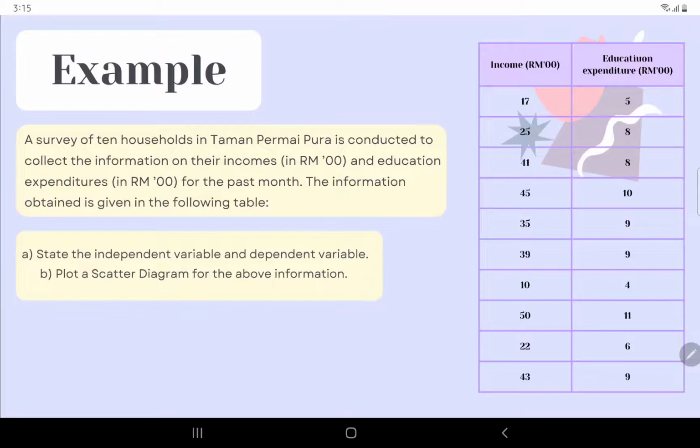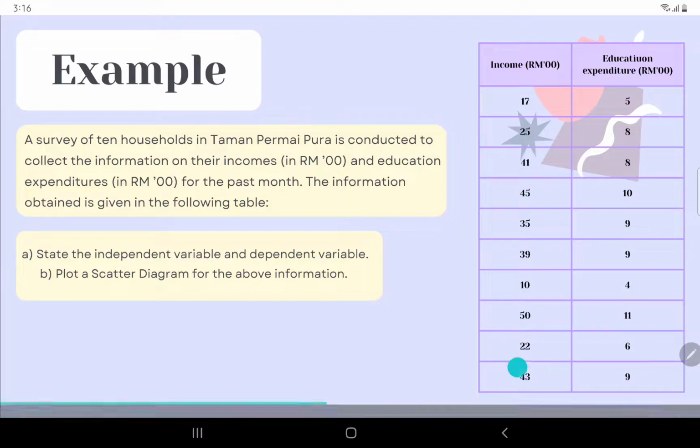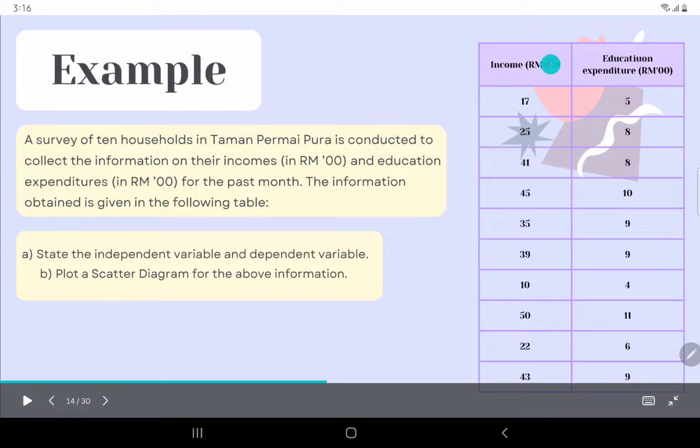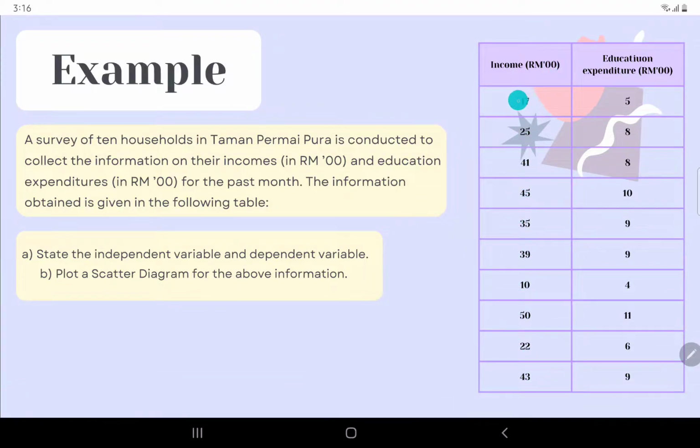Okay, for example, a survey of 10 households in Taman Permai Pura is conducted to collect the information on their incomes and education expenditure for the past month. The information obtained is given by the following table. Okay, this is the table. The first column is for income. Ni kosong-kosong ada ratus, so 1700, 2500, 4100 and so on.